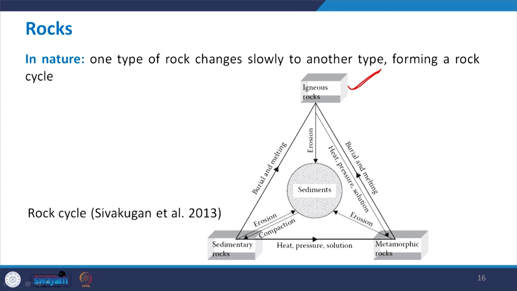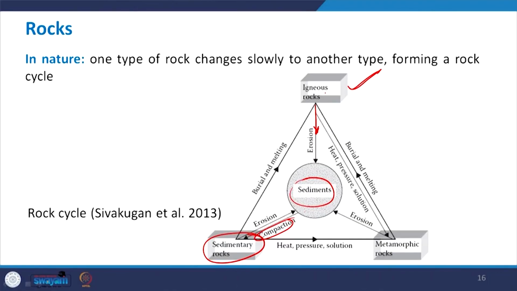Now, its erosion takes place, and then you have the sediments because of the erosion of this. These sediments get compacted and they give rise to sedimentary rocks. So you see how an igneous rock over time got converted to sedimentary rock.